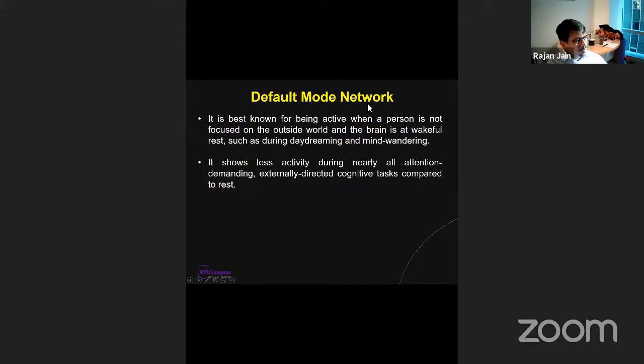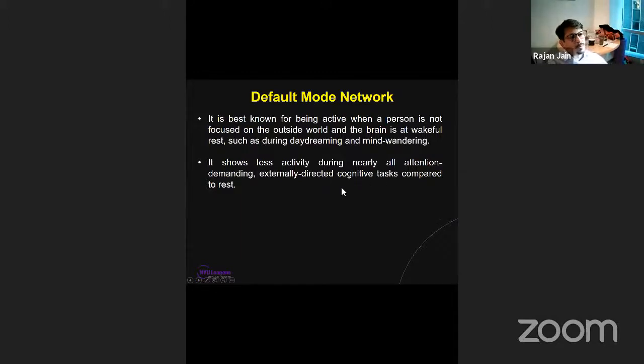But what I'm going to also mention is that the default mode network, which is very active when the person is at rest, becomes less active when we're trying to do any attention demanding or externally directed cognitive task. For example, I'm asking you something and you're answering my question, or you're responding to an email or whatever, where you're paying attention to the task.